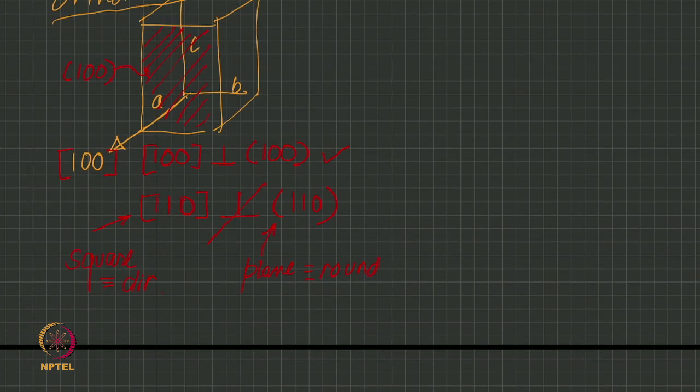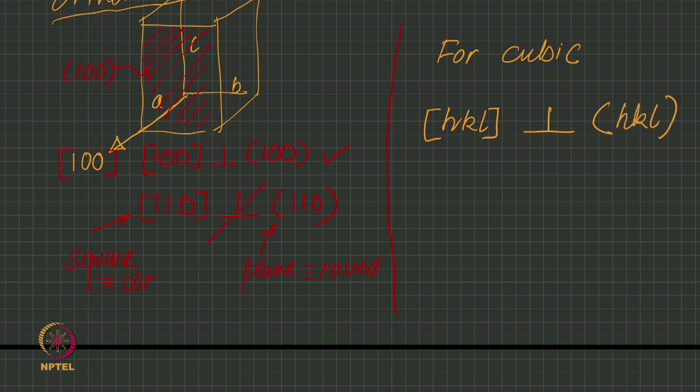So, it is not a general result, but for cubic it is always true. For cubic, the HKL direction, because we have proved it, is always perpendicular to the HKL plane.